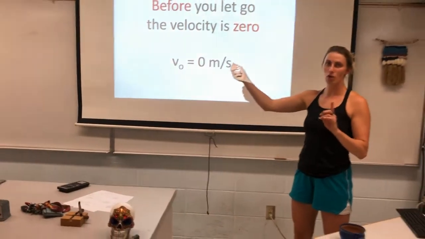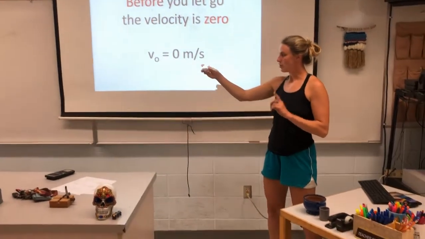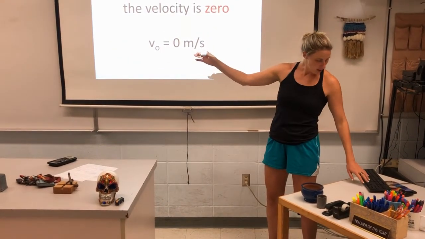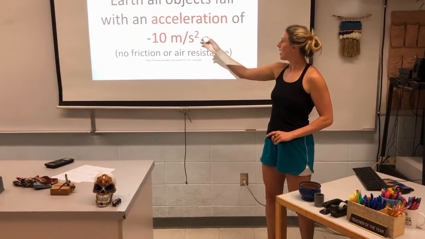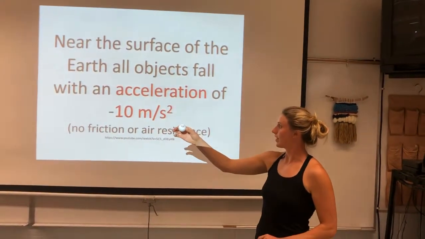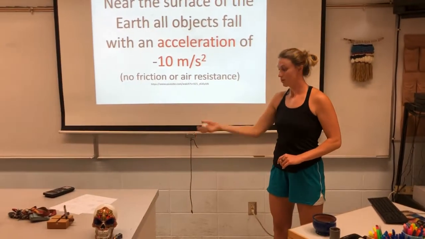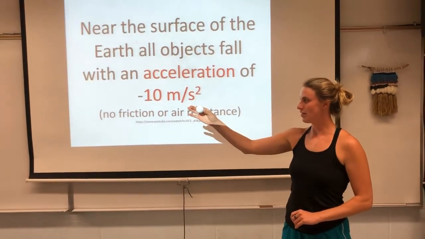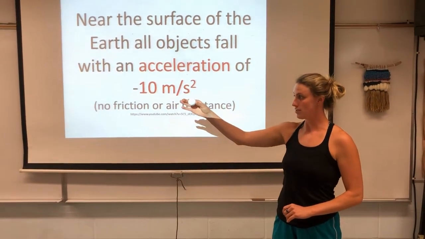Another ball drop truth we learned in the previous lesson is that when we drop the ball, it's always going to have an acceleration of -10 meters per second squared. So again, at the very beginning, our velocity is 0.